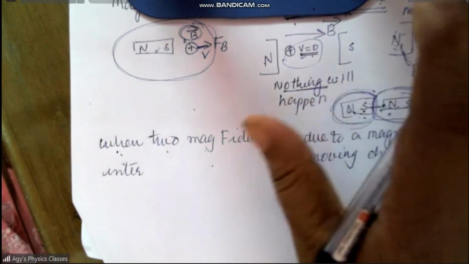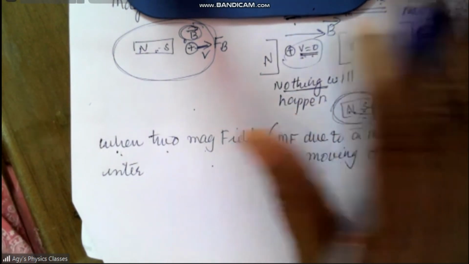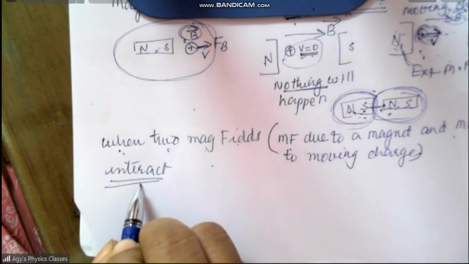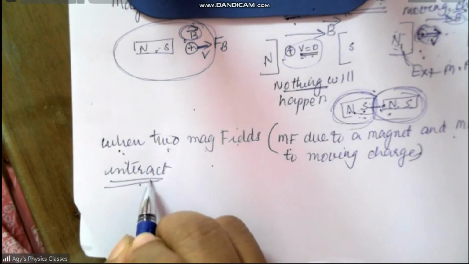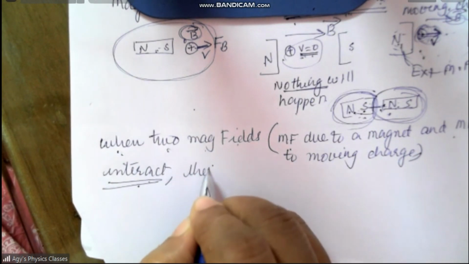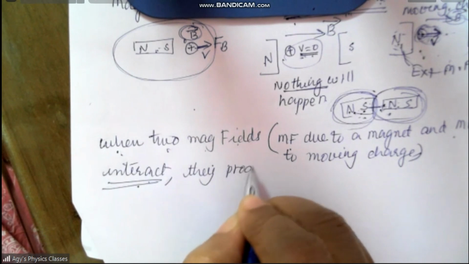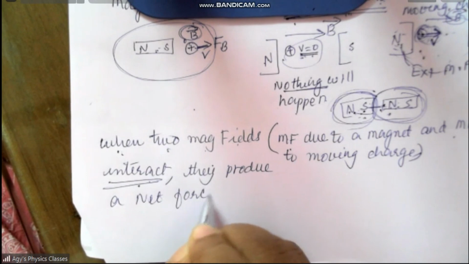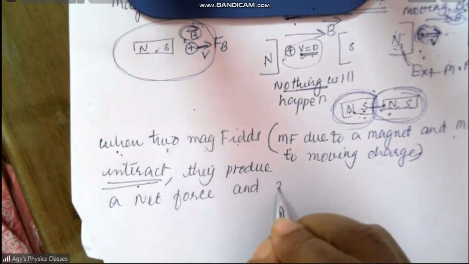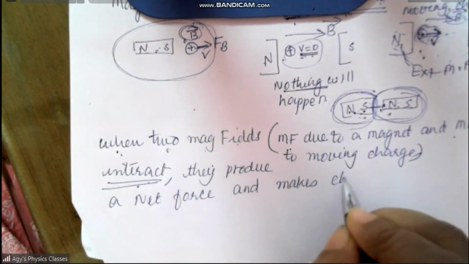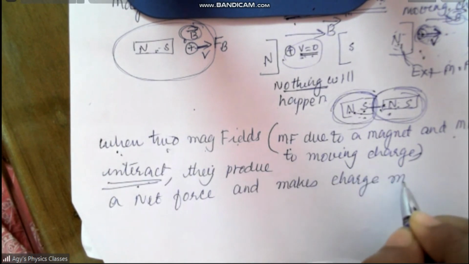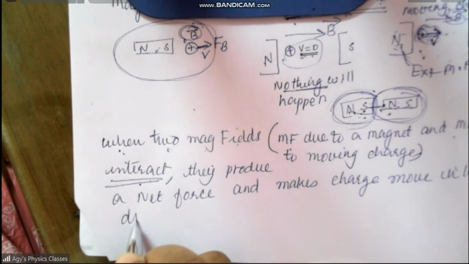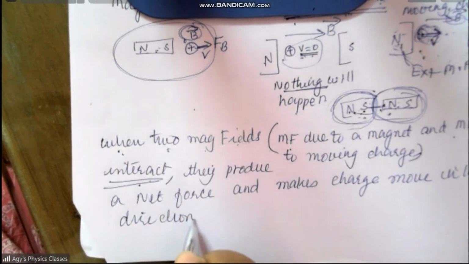There are two magnetic fields placed in one place. That is called interaction. When two magnetic fields interact, they produce a net force and make the charge move in the direction of the net force.